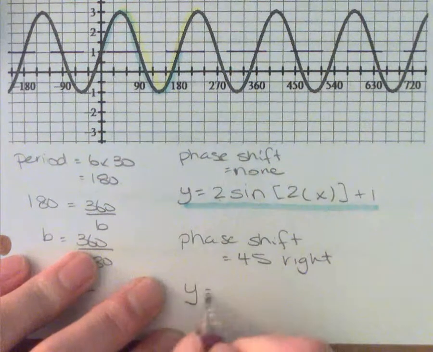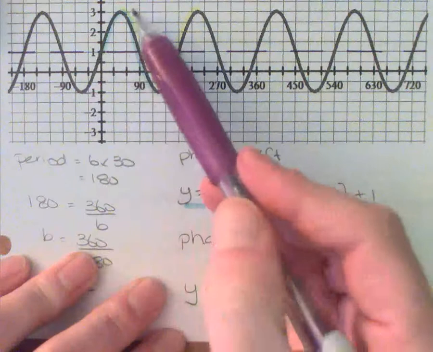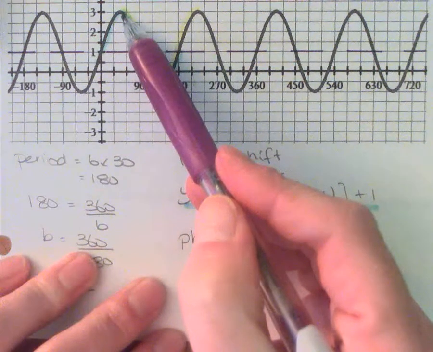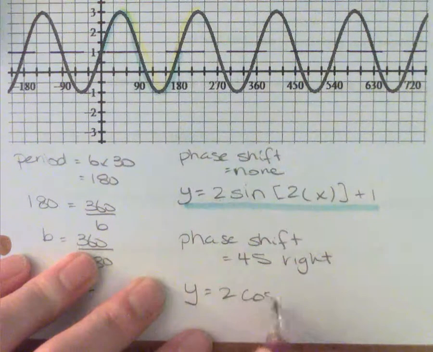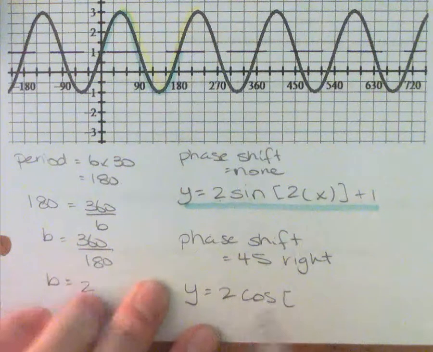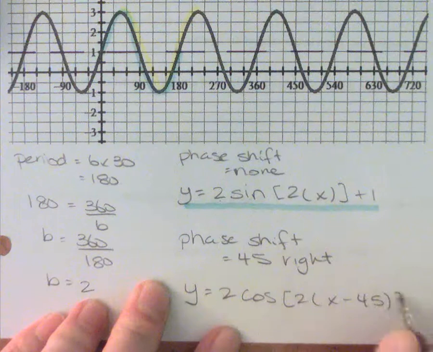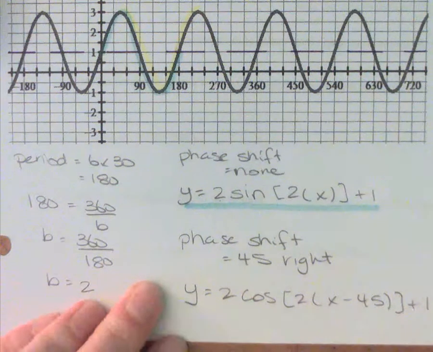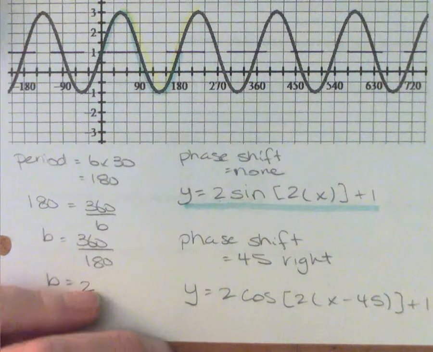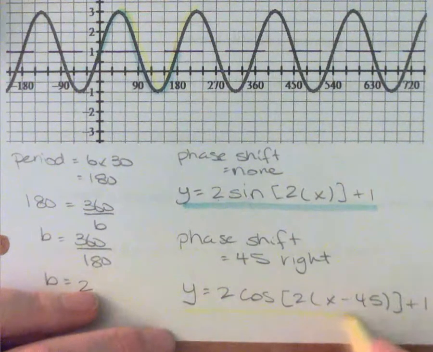So y is equal to 2, and there's going to be no vertical reflection again because I'm starting at the top. I picked a cosine graph instead. My b value is 2. We're going to do x minus 45, and then we're going to add 1. So that would be that cycle there.